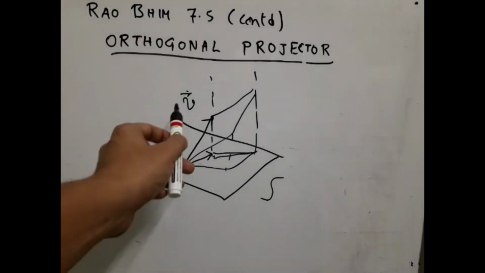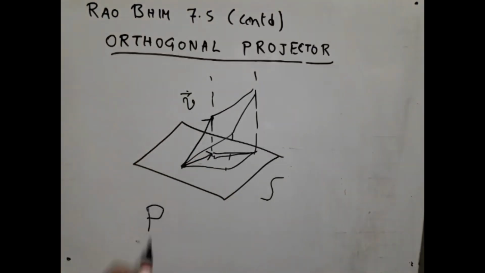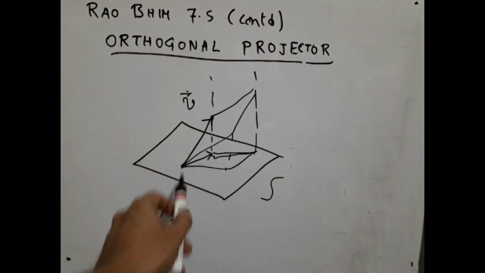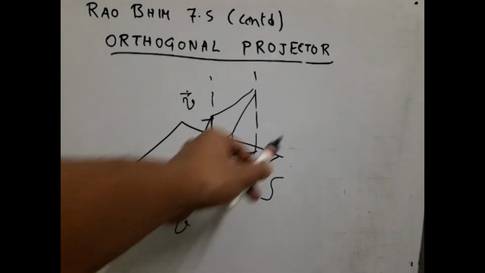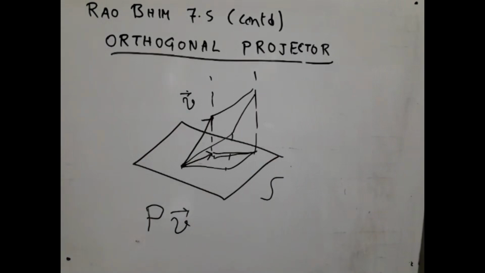In other words, there must be a matrix which is called P. Of course, it will depend on S, such that PV will be the orthogonal projection of V onto S. Such a matrix is called an orthogonal projector for S. Of course, I should call it the orthogonal projector for S, because given a space, orthogonal projection is a uniquely defined linear transformation, and hence it will have a unique matrix, assuming that you have already fixed a basis and all that.